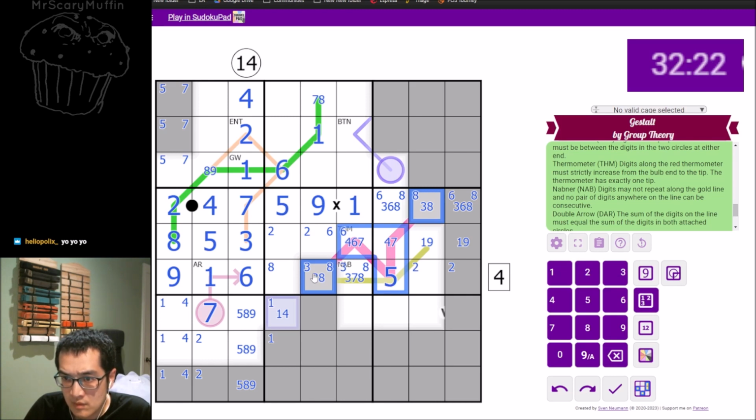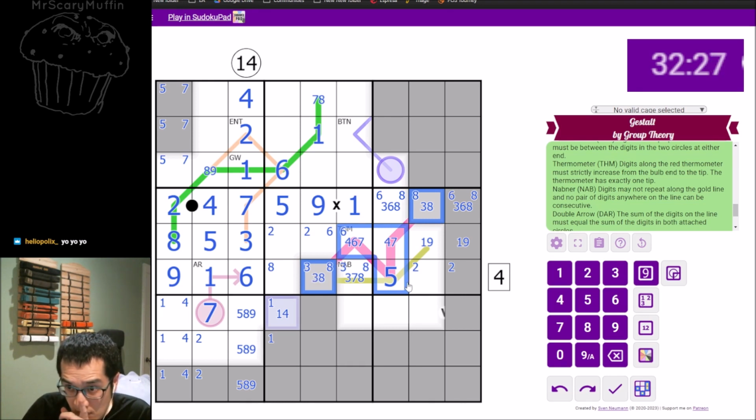We have to combine this with the skyscraper as well. 8, 7, 5, 4, 3. This becomes 7 or 8. Then we have a 2 and a 4 here. I think they all still work.